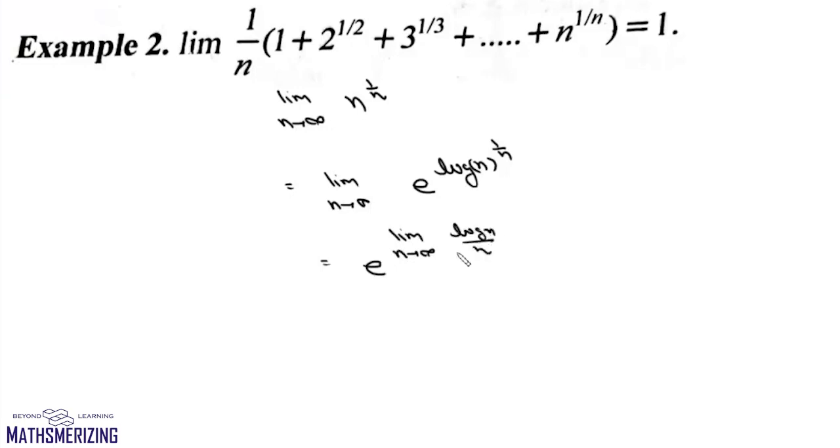Now this is log infinity upon infinity, so it is an infinity upon infinity form. We can use L'Hopital's rule. We can write e to the power this limit n tends to infinity, and it'll be 1 by n upon 1. So it'll be simply e to the power 0, which is 1. So the value of this limit is nothing but 1.